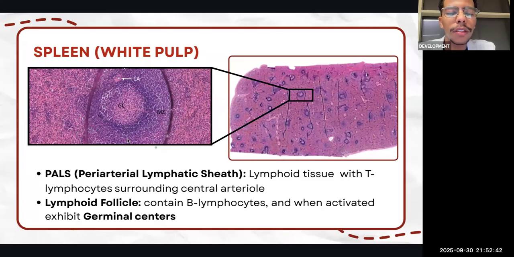Yes, white pulp is the PALS. But if you're asked to identify, mention that it's white pulp. Do you guys have any other questions?